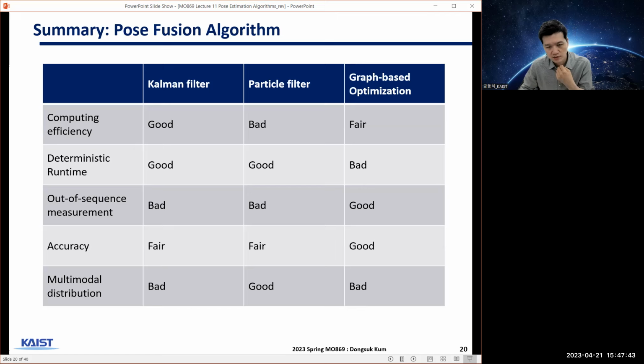Some give you better accuracy, some don't. So please take a look, and depending on your application and system, how you formulate this localization problem, and what sensors are available to you, you need to use the right filter.